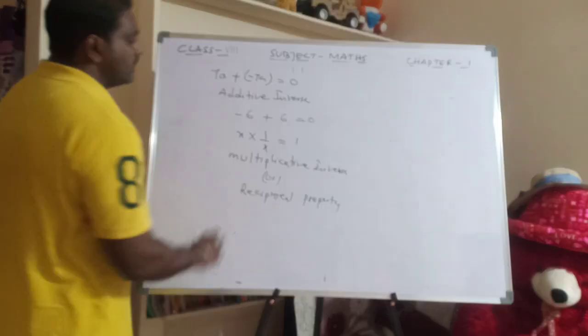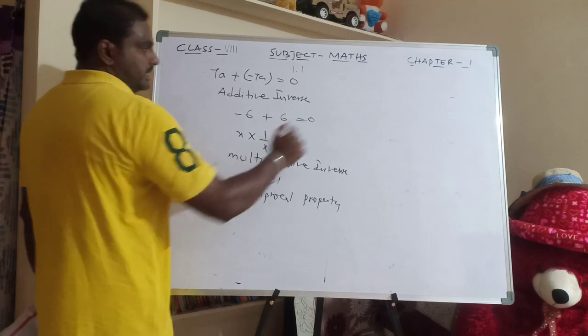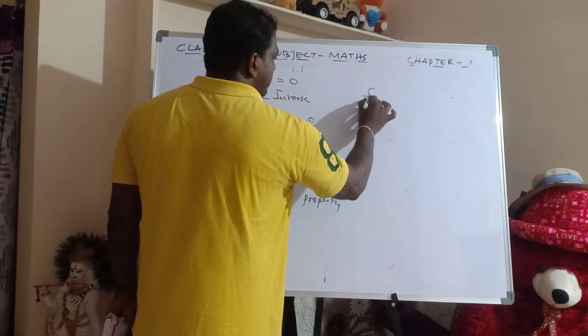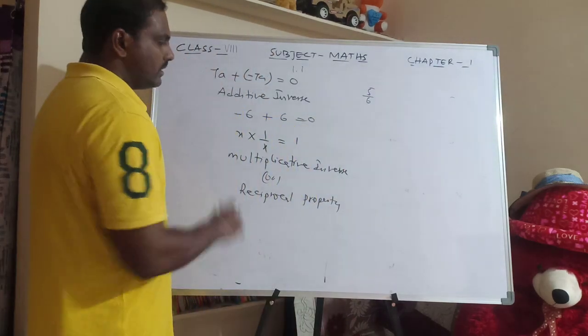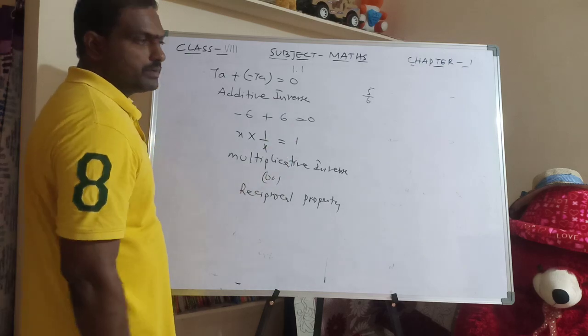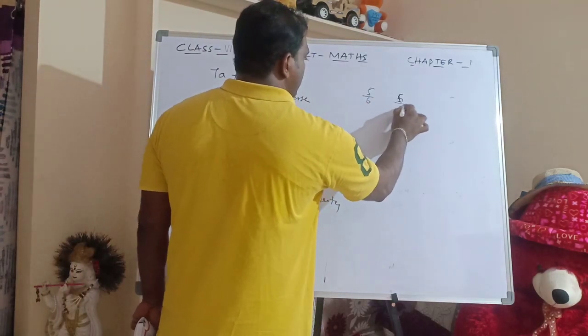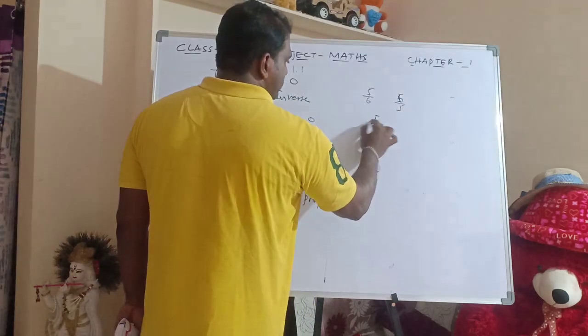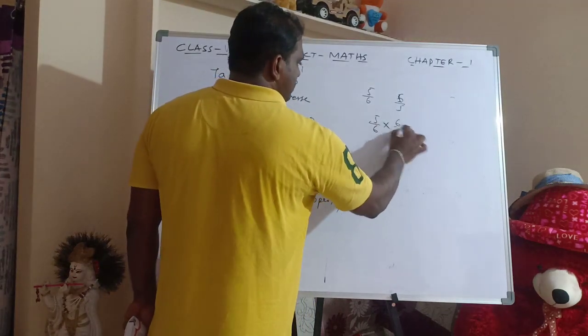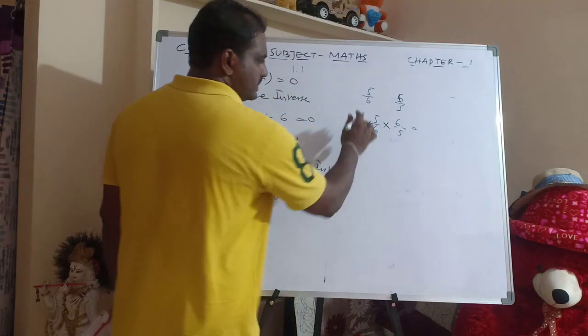Suppose 5 by 6 is the number. What is its reciprocal or multiplicative inverse? 6 by 5. So if I multiply 5 by 6 into 6 by 5, what is this?